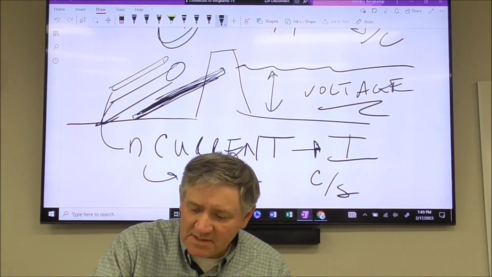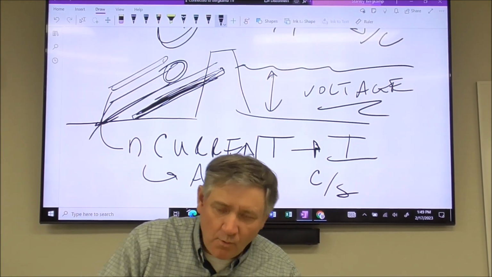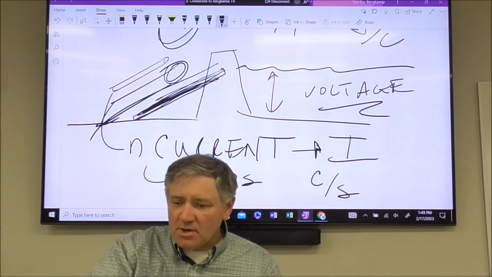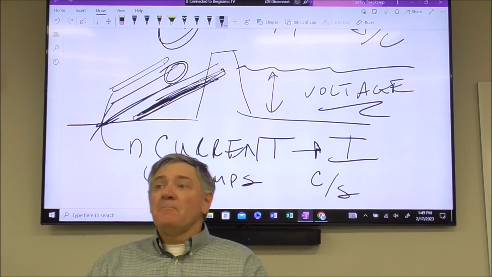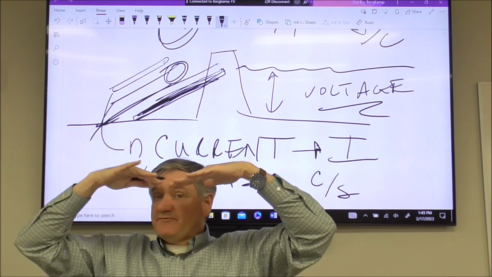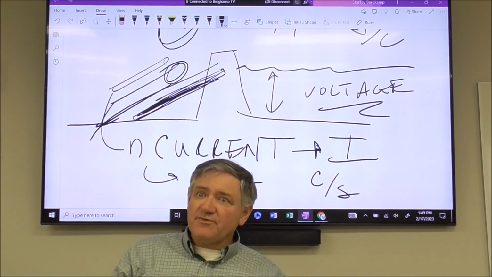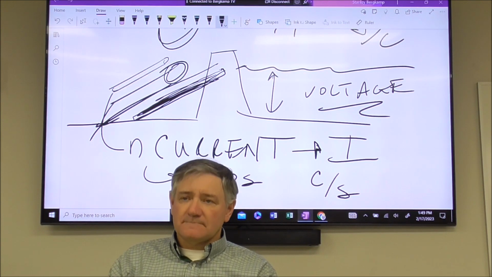If you have this big massive pipe, that's going to allow the water to flow through very quickly. That's going to be a very high amp system. If you have a little straw, it's not going to be as much. But they have the same potential. They're starting with the same potential energy. So the voltage is the same, but the current is going to be different based upon the size of the straw. It's how much it can flow from one thing to another.